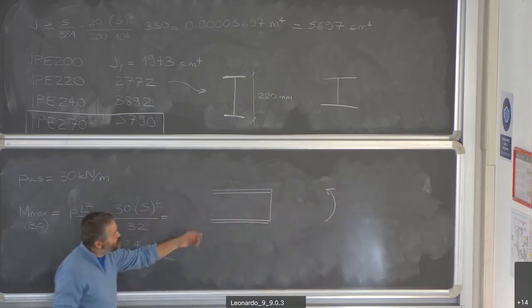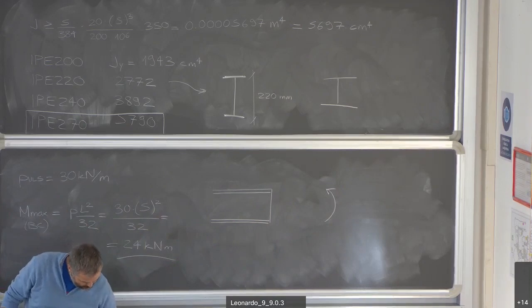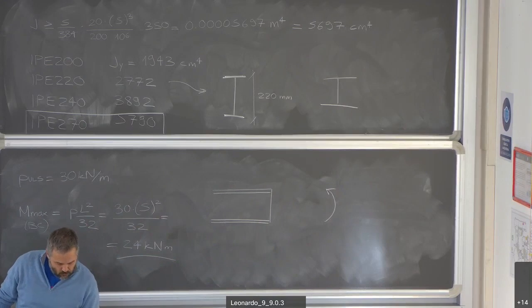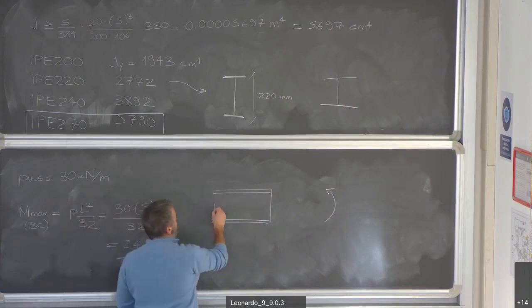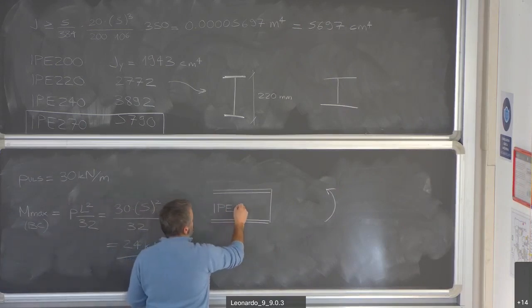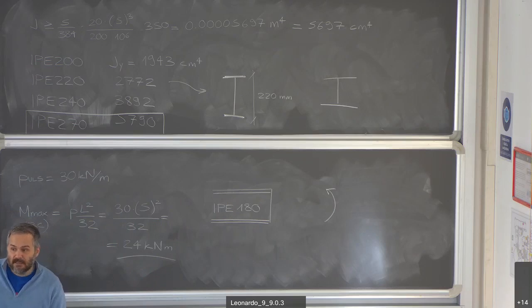When you have a section which is an I profile, because in the sketch it was said that the BC beam was an IB 180. When does it collapse? When does it reach its ultimate limit state in bending?